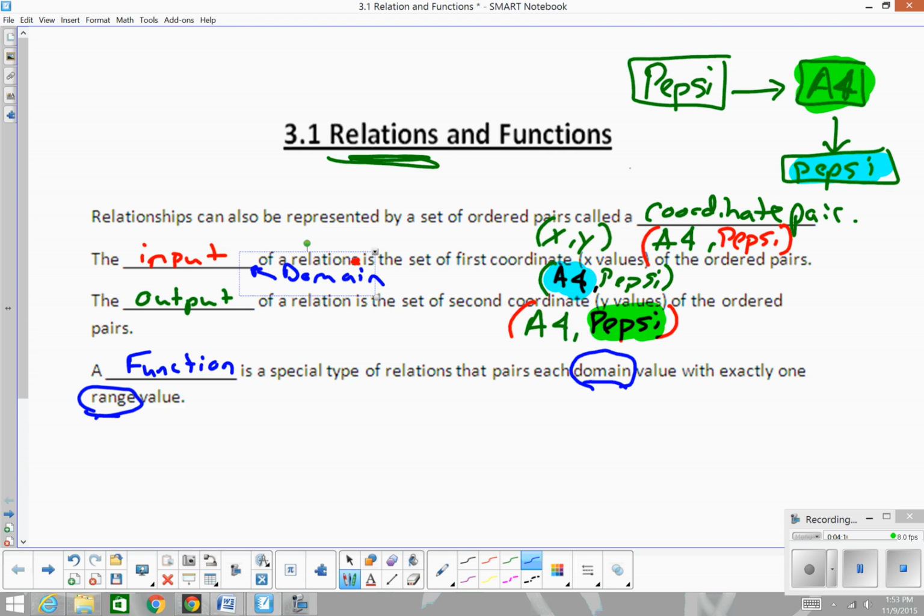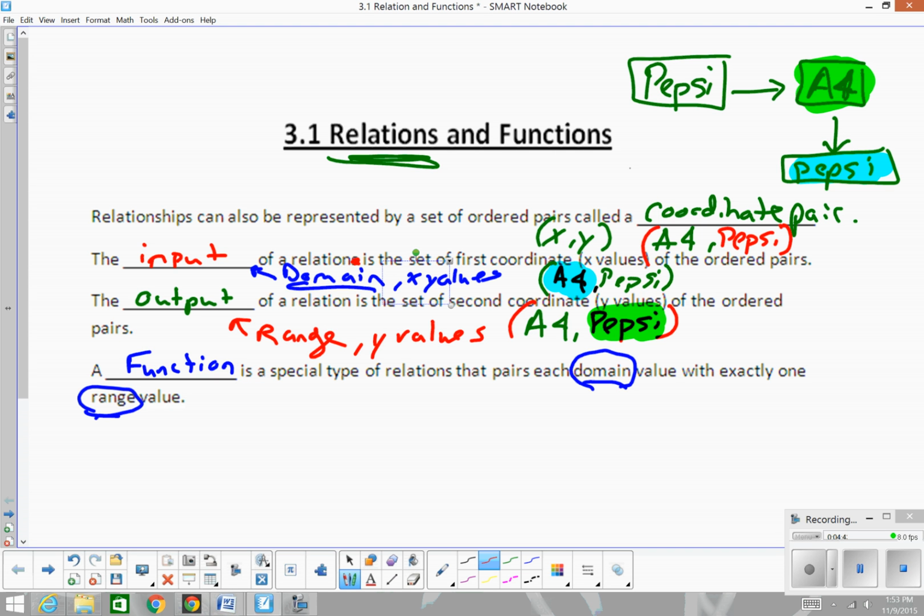Domain is your input or your x values. Or you could say my range, for my output values or your y values. So throughout this presentation, I'll use input, I'll use domain. They both mean the same thing, or x values. I'll use output, I'll use range, or I'll use y values. They all mean the same thing.